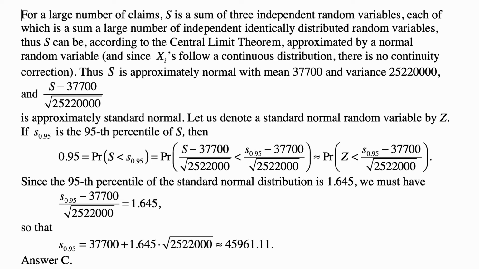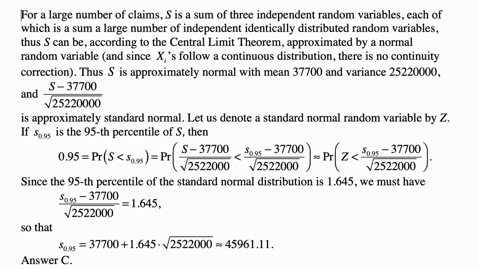Thus, S is approximately normal with mean 37,700 and variance 25,220,000, and S minus 37,700 divided by the square root of that 25,220,000 is approximately standard normal.